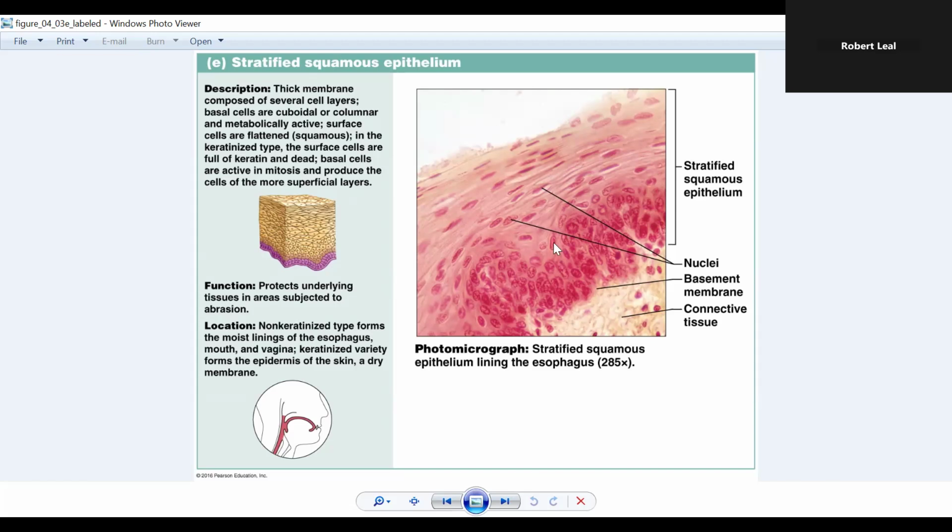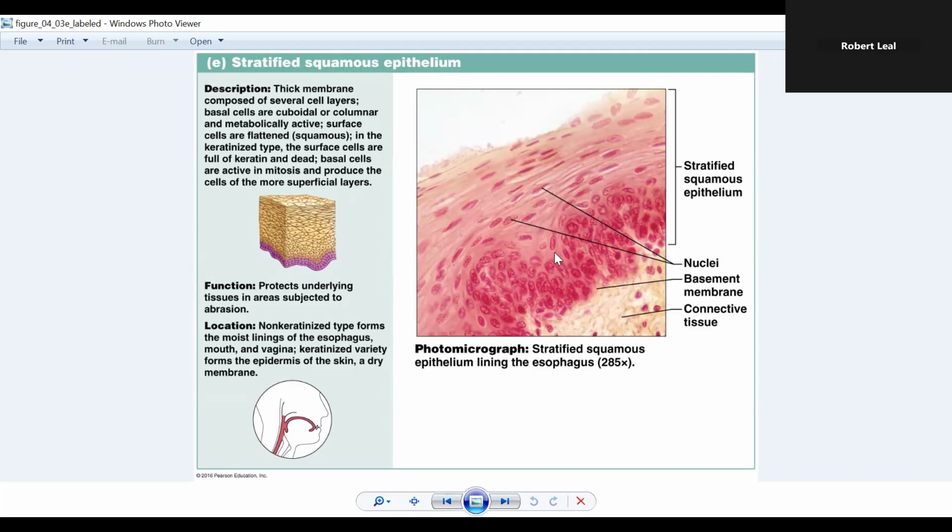One other thing I want to bring to your attention as far as stratified squamous, you may be thinking, well, why are these cells up top flat? And why are these in the basal layer cube-like in shape? Well, the ones that are doing mitosis are still alive. They're getting oxygen and nutrients from blood vessels below, located in the connective tissue.